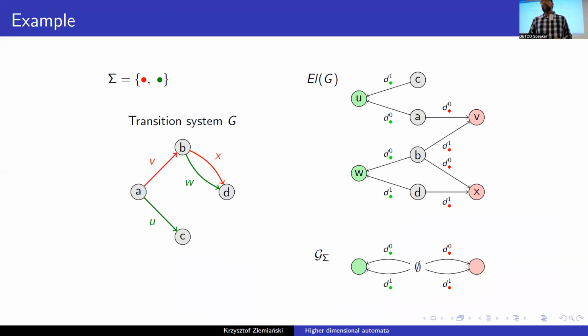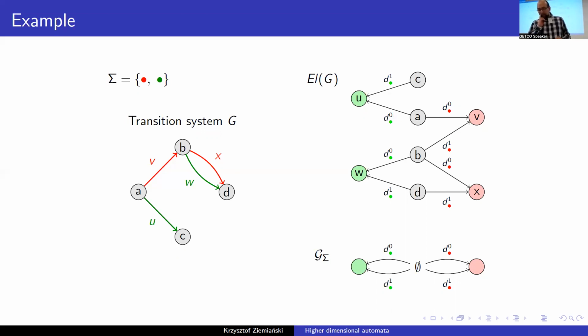What's the advantage of thinking about transition systems this way? The advantage is that in some sense vertices and edges become the same kind of object. We have a set of objects which is divided into families, a family of vertices or a family of green edges and a family of red edges, but they can be compared somehow.